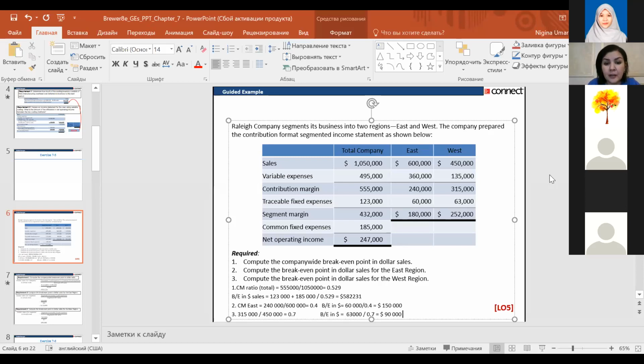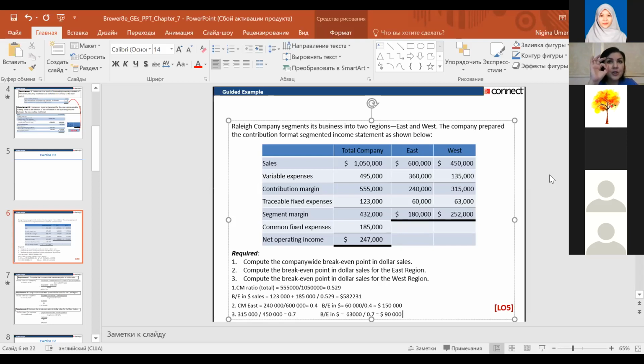When the company generates 90,000 in sales revenue, the profit will be 0 because it's the break-even point. So this 90,000 sales revenue minus variable costs equals the contribution margin, and that contribution margin will be exactly equal to fixed cost. So when the company generates 90,000 of sales revenue, the profit will be 0.